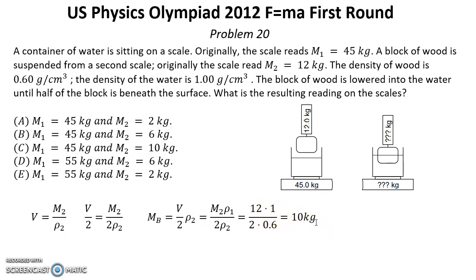That's the buoyancy force which is acting on the wooden block from one side and acting on the lower scale on the other side. So it means that we have to subtract 10 kilograms from the second reading and add 10 kilograms to the first reading. That will be 55 kilograms for M1 and 2 kilograms for M2.